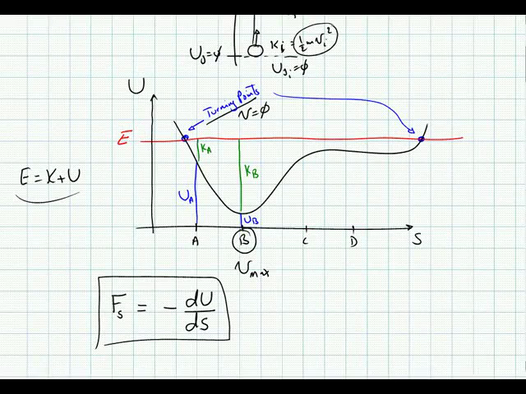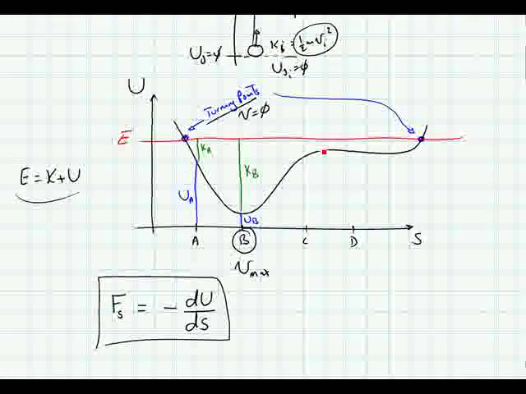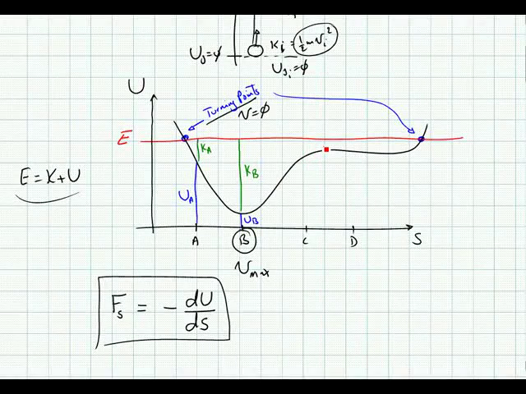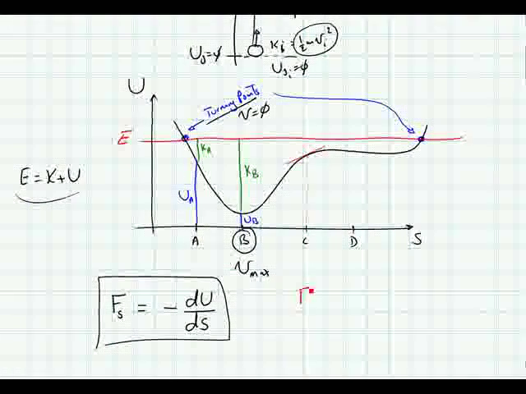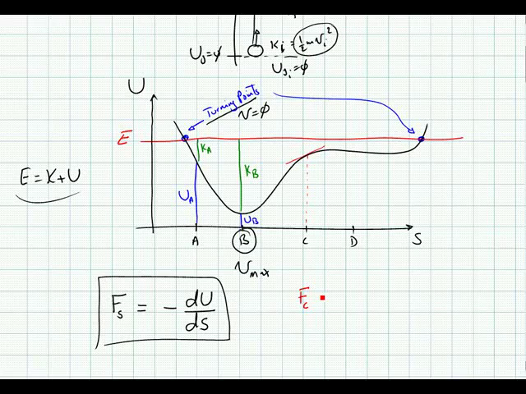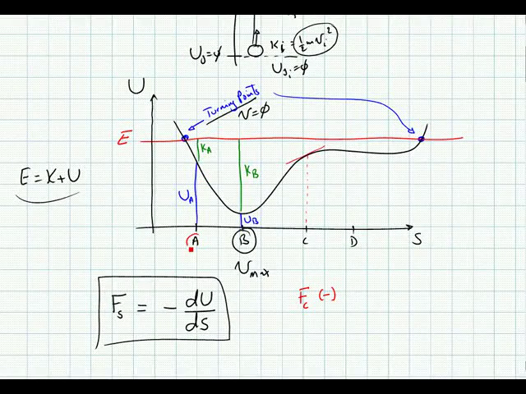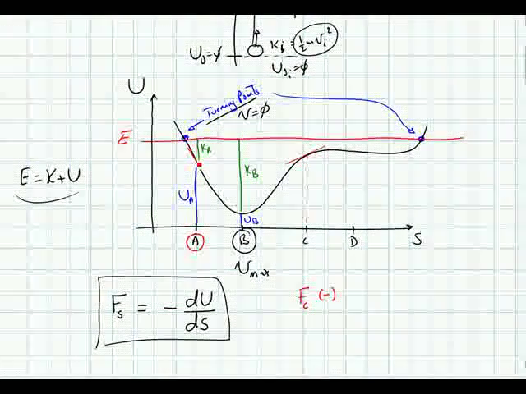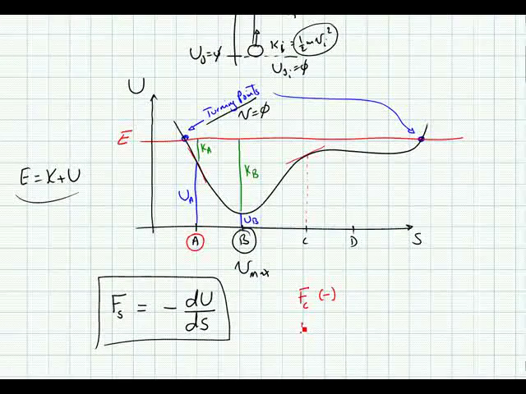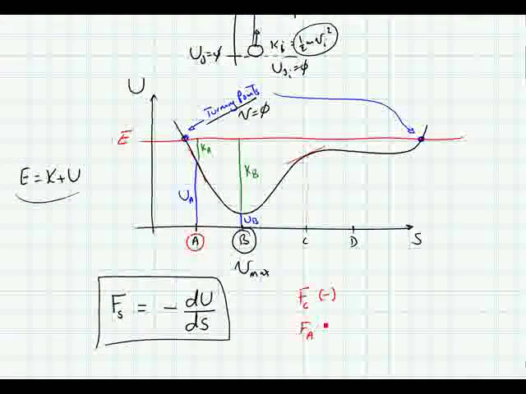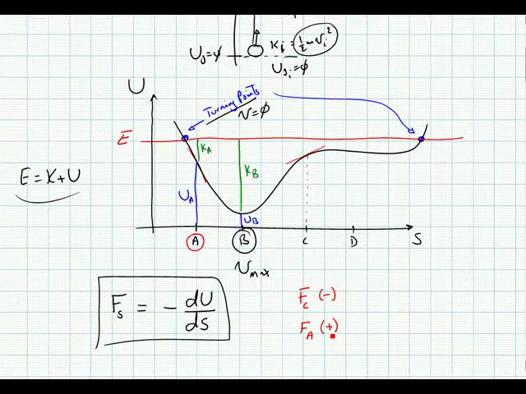So if we were to look at the slope of these lines, for example, at position C, we have a positive slope, which means that the force at C is a negative force acting on the object, whereas at position A we have a negative slope, so force at position A is a positive force acting on the object.